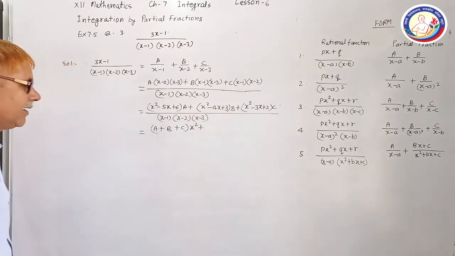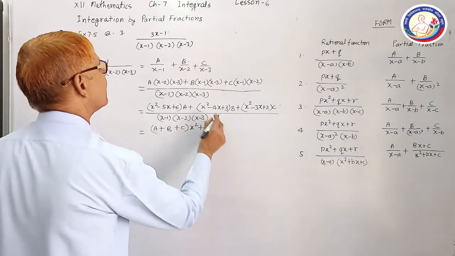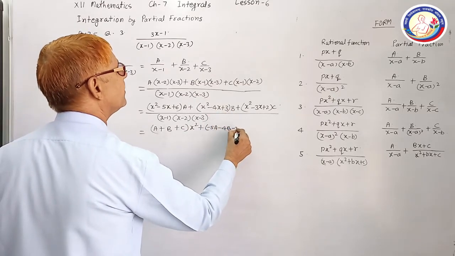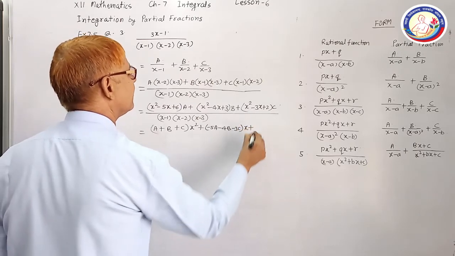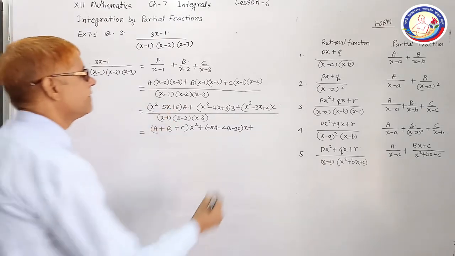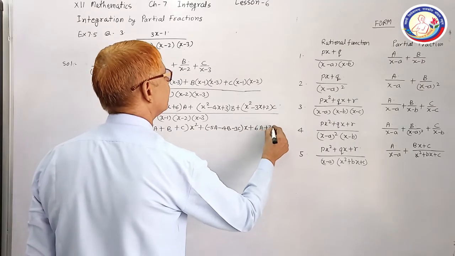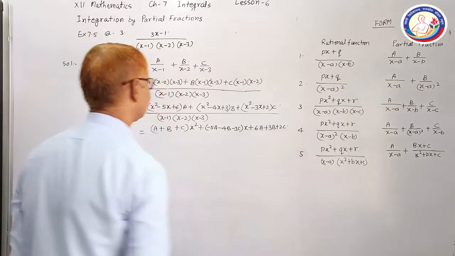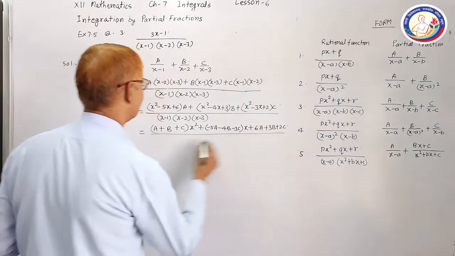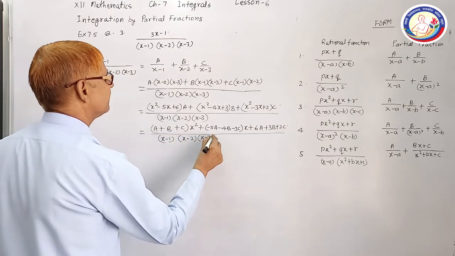What about the coefficient of x? It is minus 5A, minus 4B, and minus 3C, times x. And then the term without powers of x, 6A plus 3B plus 2C, divided by (x minus 1)(x minus 2)(x minus 3).